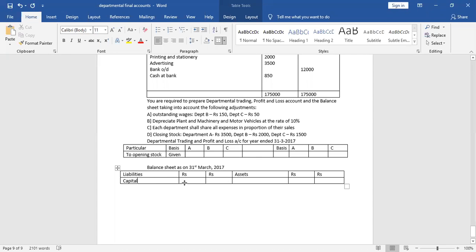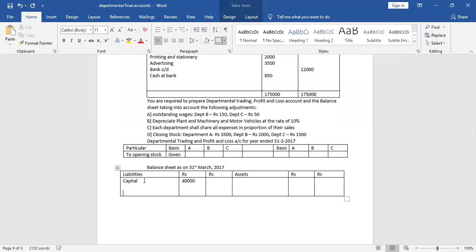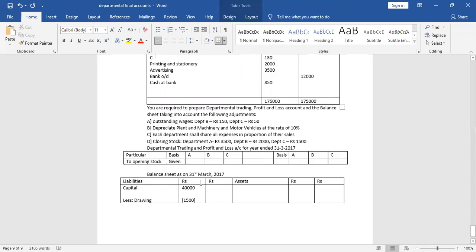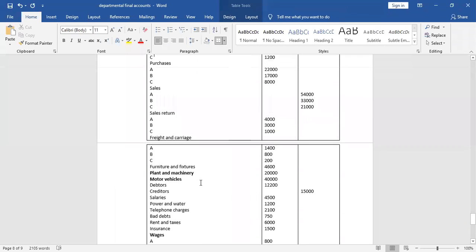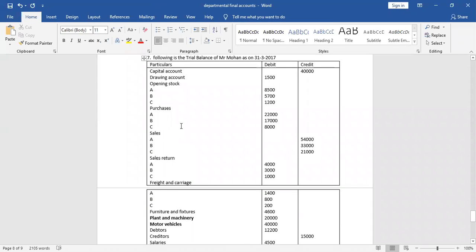Capital in the inner column we will write 40,000, and one line we will leave for the net profit or net loss, and then we will less drawing. Drawing is how much? 1,500. So in the bracket I will show 1,500. Now capital and drawing done.